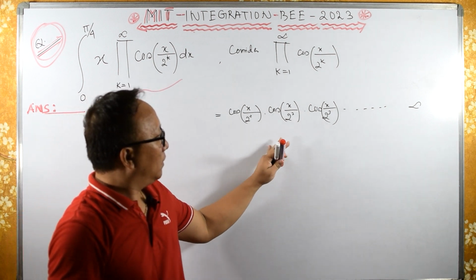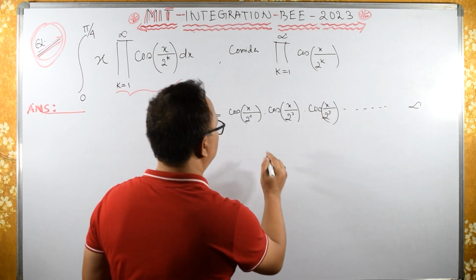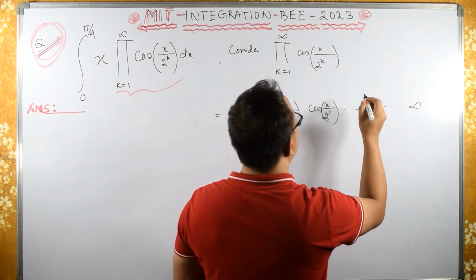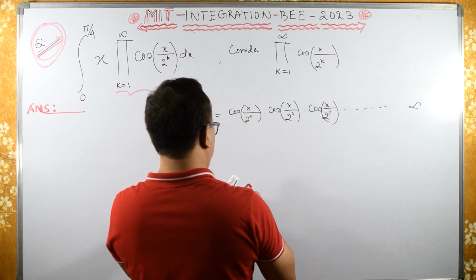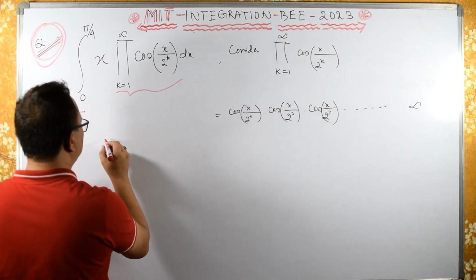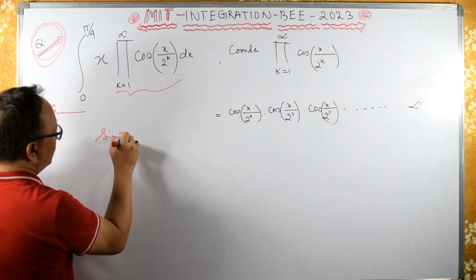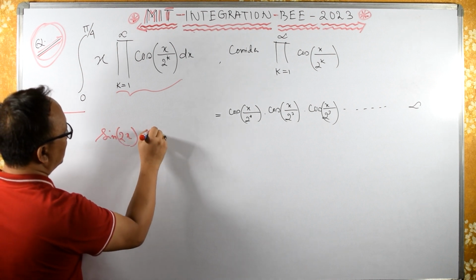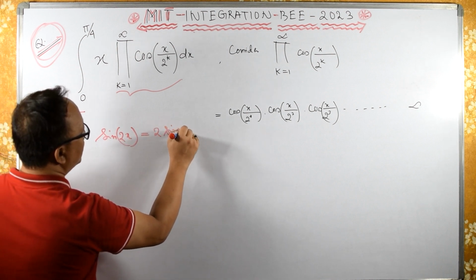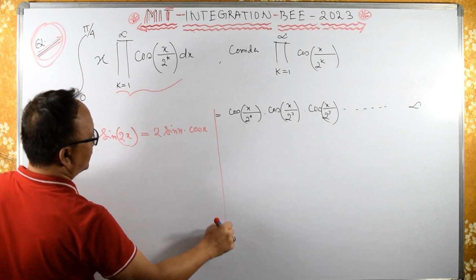Now remember we have this formula. What is sine of 2x? Sine 2x is 2 sine x into cos x, right?